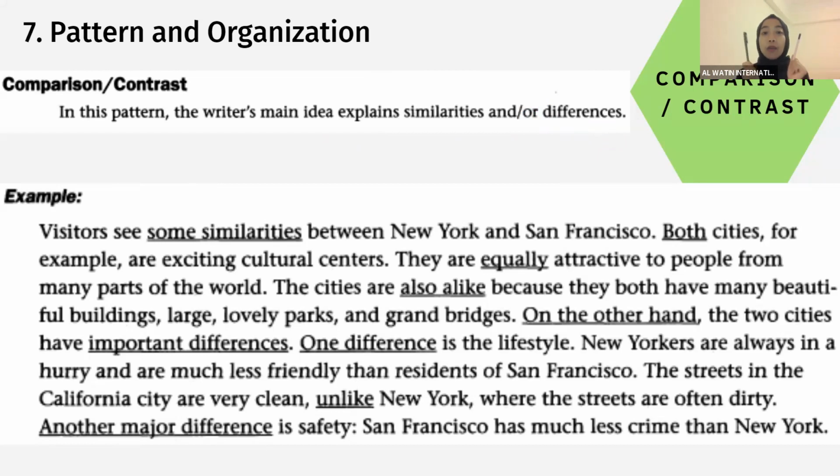I will compare this one and this one. What is the similarity? What is the difference? For example, this is a pen, this is a marker. If you can see me now, the pen is black. The marker here is pink. That's the difference. What about the similarity? We can use both of them to write in the book. That's similarity. And also the difference, maybe the color is different. So yeah, that's comparison and contrast.